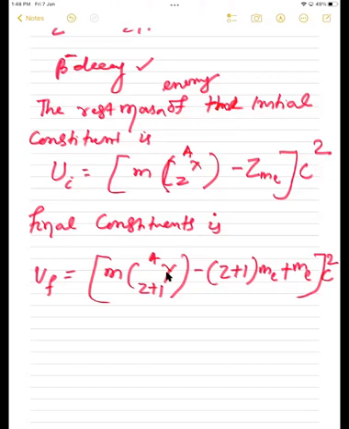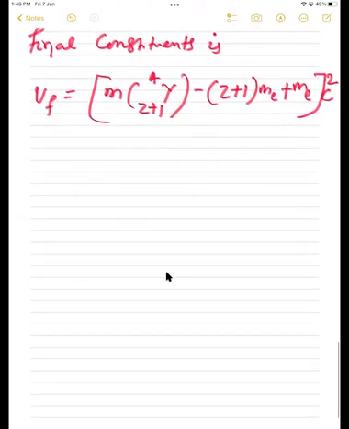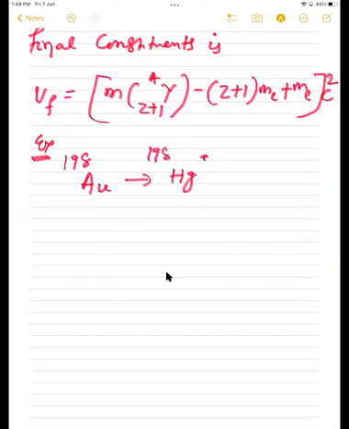Okay. So students, let's see one example on this beta negative decay process. Let's take an example: gold 198 gives mercury 198 star plus beta minus plus antineutrino. This mercury 198 star represents the mercury nucleus in an excited state. Yes or no?